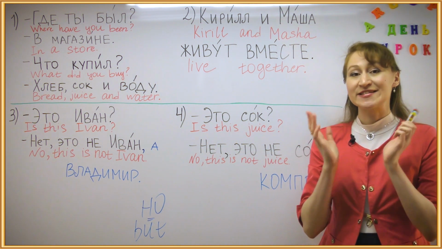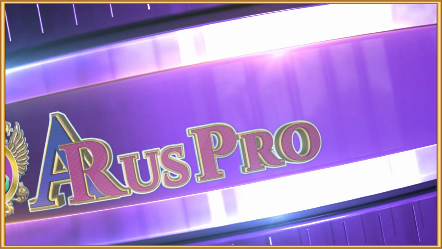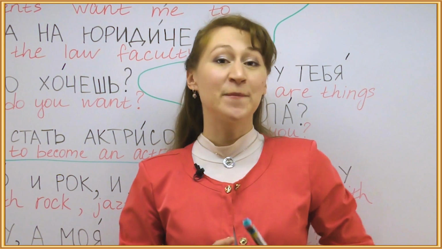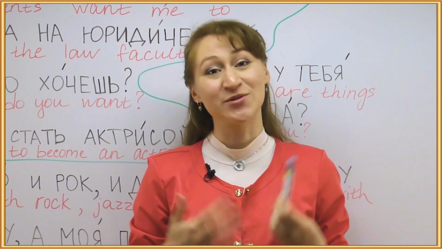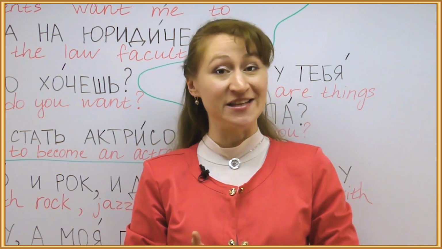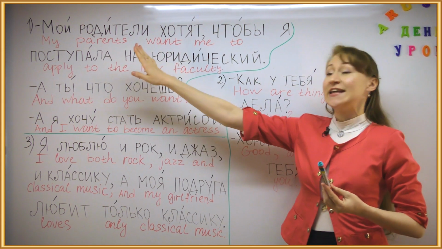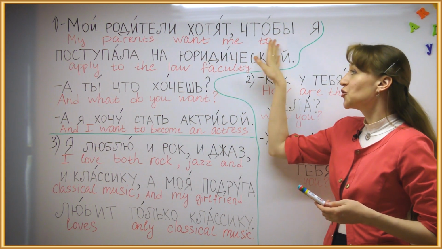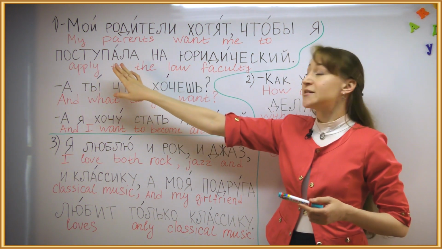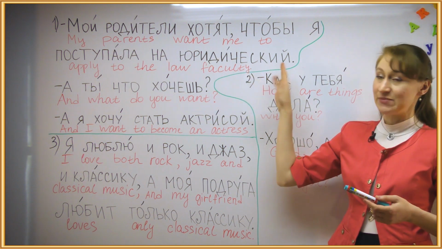Now let's look at some more usages of these conjunctions. We use the conjunction а when we make a pass in a dialogue, and we use the conjunction и to say "both" or "all of this." Let's look at some examples. Мои родители хотят, чтобы я поступала на юридический.